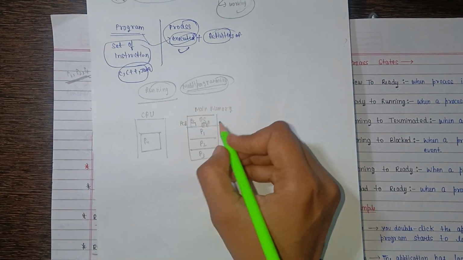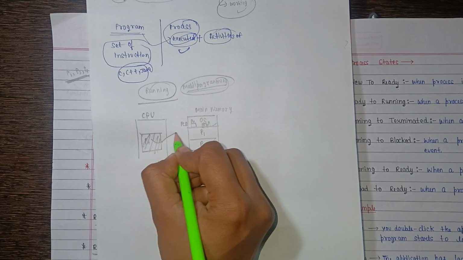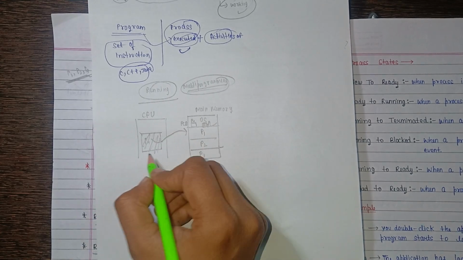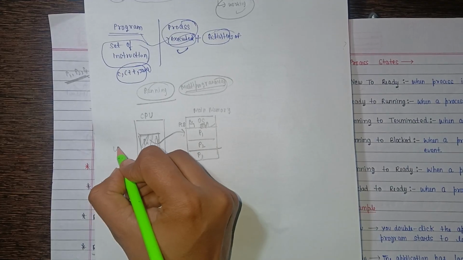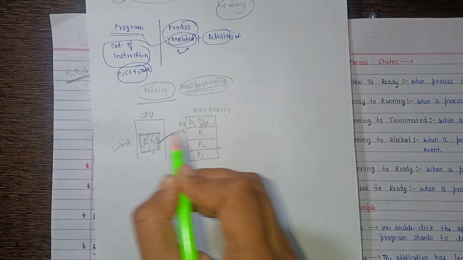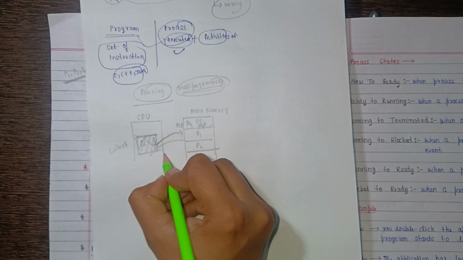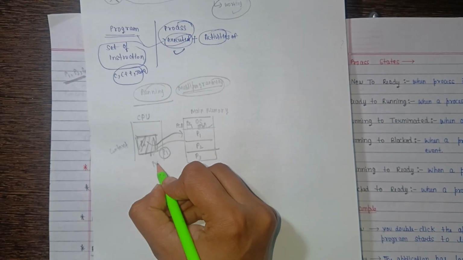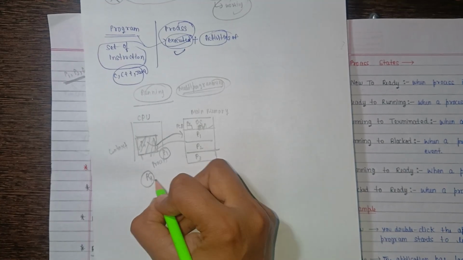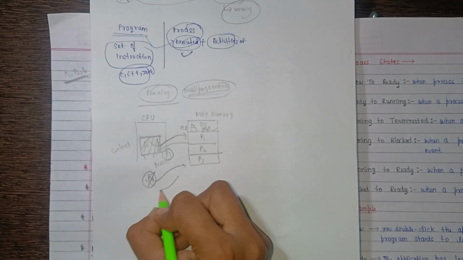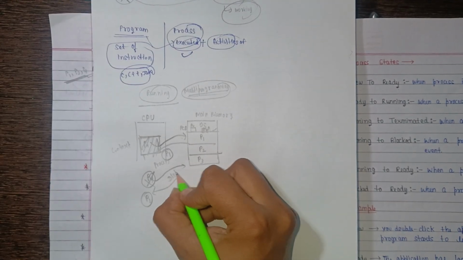So basically the dispatcher will remove P4 from here. It will remove the P4 process and its context, and it will add the context of the P1 process here. P4 context is removed and P1 context is added by the dispatcher.